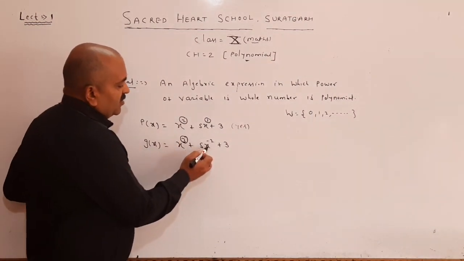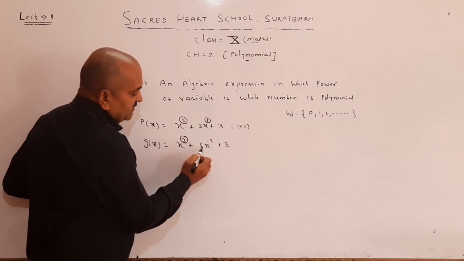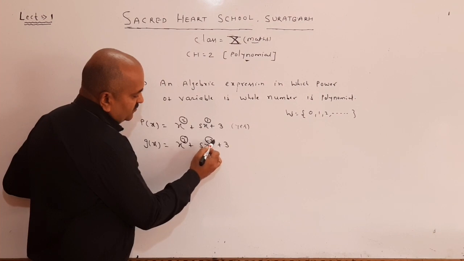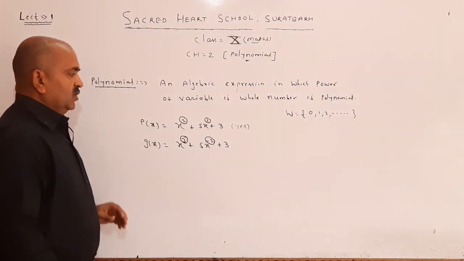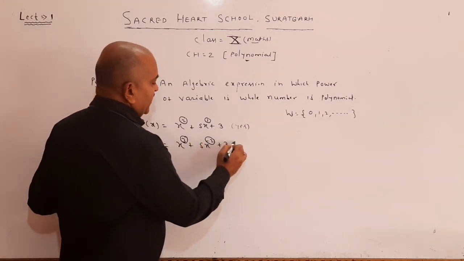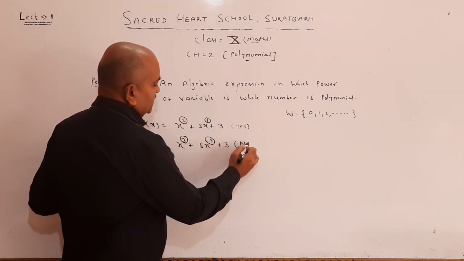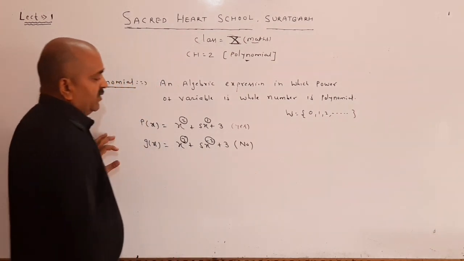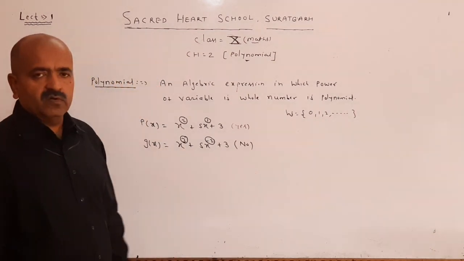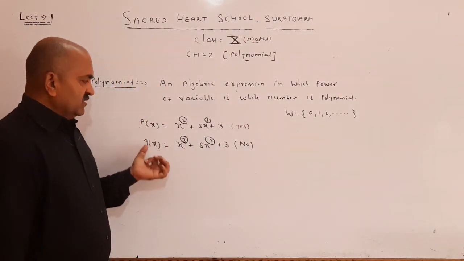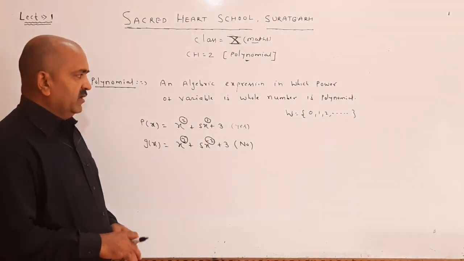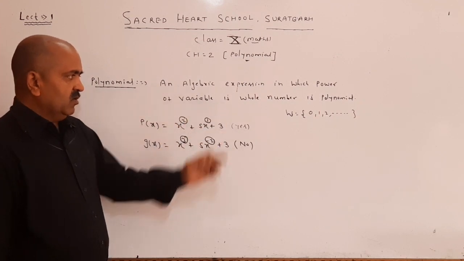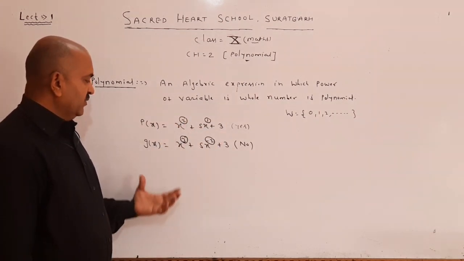But the power of x in the second term is minus 2, and minus 2 is not a whole number. So according to the definition, this expression is not a polynomial. Okay. So this is the definition of polynomial: an algebraic expression in which the power of the variable is a whole number is a polynomial.